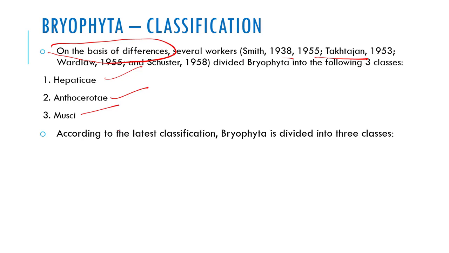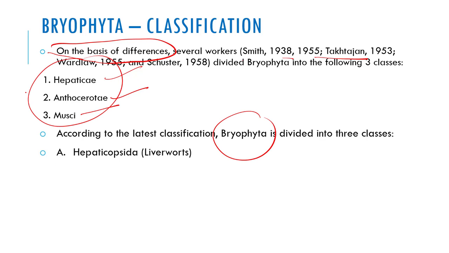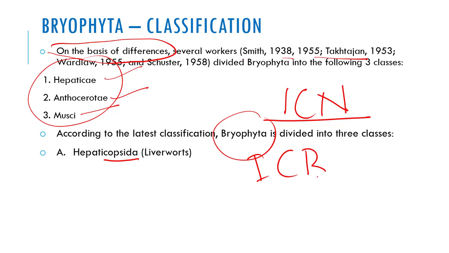Now the latest classification is one in which the Bryophyta have been divided into these three groups, and their names, as you can see, have the suffix Opsida, O-P-S-I-D-A. This is actually a recommendation of the ICN, International Code of Nomenclature, which was formerly ICBN, International Code of Botanical Nomenclature.